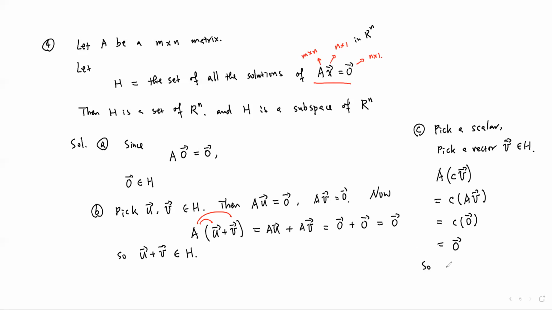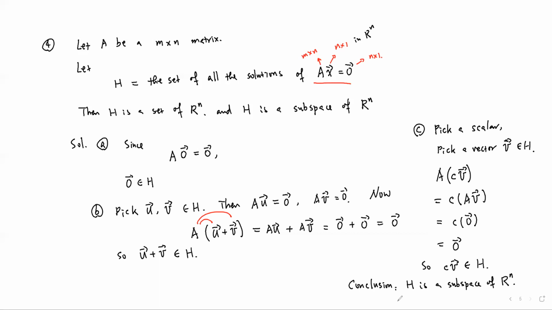So conclusion, c v is in H. Because all the three properties are satisfied, conclusion: H is a subspace of R^n.